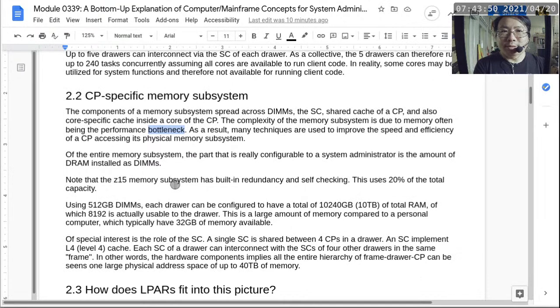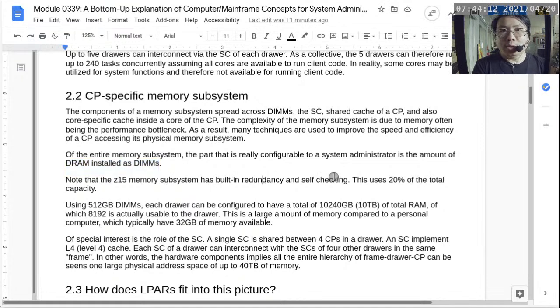So when it comes to the size of memory, we talked about how each MCU inside the processor needs 5 DIMMs to work. The 5 DIMMs has to do with the Z15 memory subsystem, managed mostly by the MCU, which has built-in redundancy and self-checking.